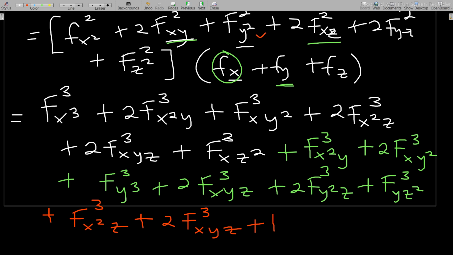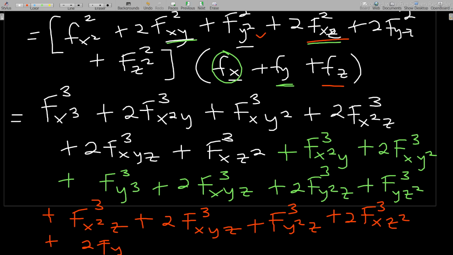Is it 2fy squared fz, then cube, y squared z, like that, then plus 2fx fz squared, cube, because I was just multiplying this and this, and then plus 2fy fz squared, I hope you can see that, cube as well. Then plus fz cube. I hope you can see down here.